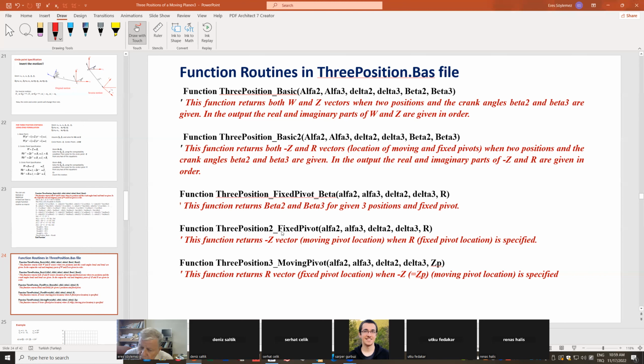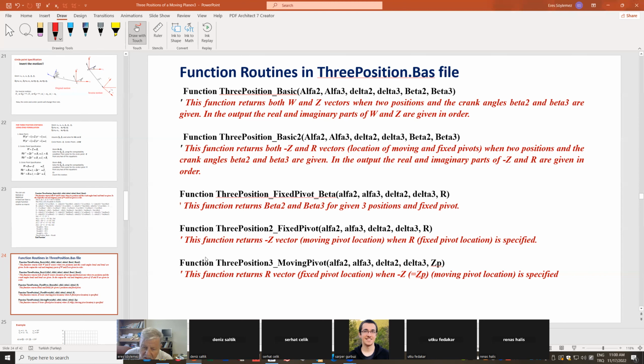Function 3 position 2 fixed pivot has the same arguments as fixed pivot, alpha 2, alpha 3, delta 2, delta 3, and R, but this time the function returns the minus Z vector. Okay? You don't need beta 2, beta 3. You are given the center point, determine the circle point.